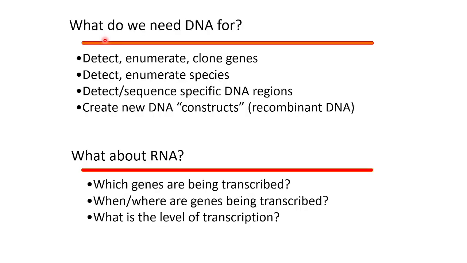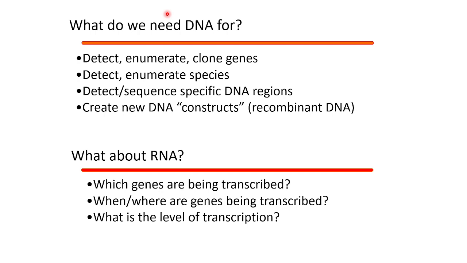So another important thing, why do we need DNA? From a broader perspective, it is responsible for storing the genetic material of an organism, to detect, enumerate and clone genes, enumerate species, detect sequence specific DNA regions, and create new DNA constructs, that is the recombinant DNA that we would be discussing broadly in our next class.